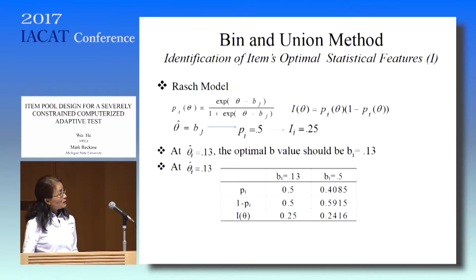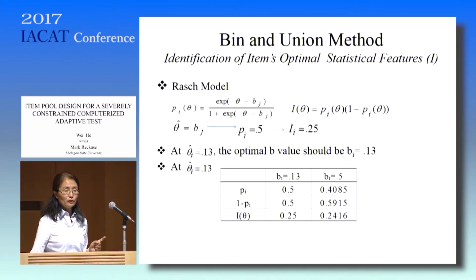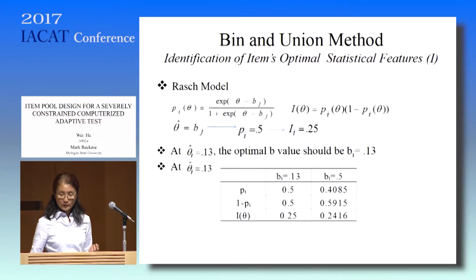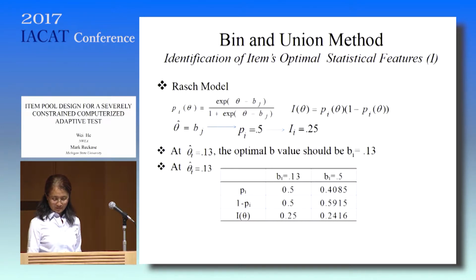As we can see, the item information for those items are slightly different. However, the question that we can ask ourselves is whether those differences are distinguishable. If no, what does that mean?